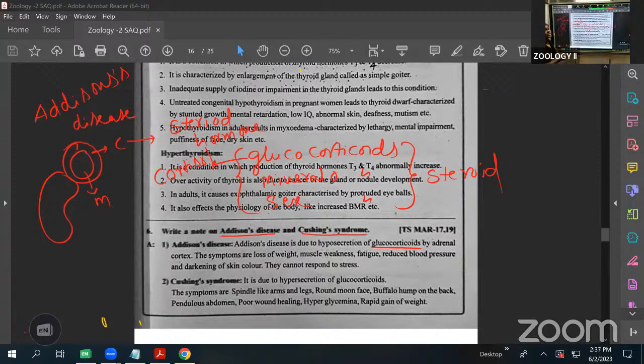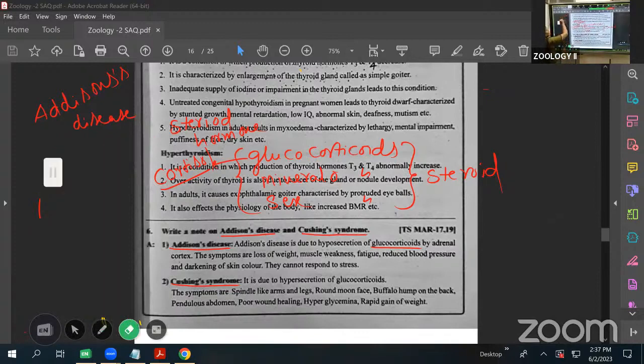When hypocortisol or hypoglucocorticoids are released, Addison's disease occurs. If it is more, it is called Cushing syndrome. Both of them are defects of the glucocorticoids only. We will discuss what it is. I'll show.